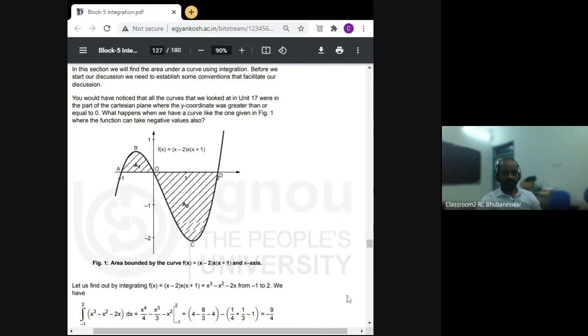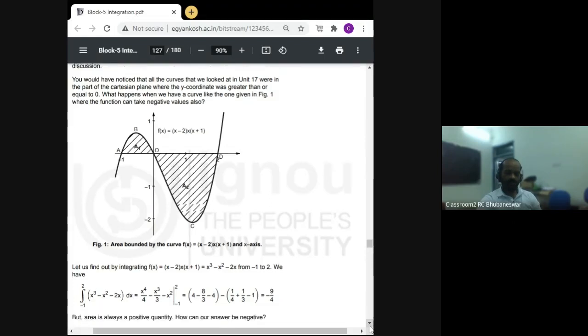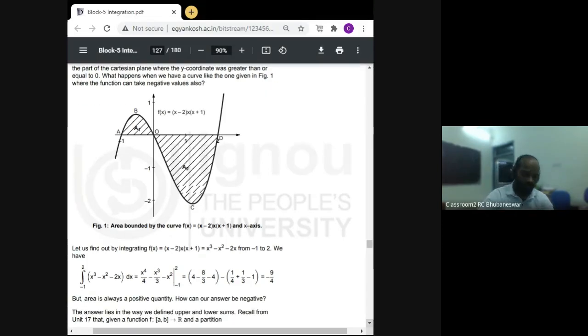Now our main point of discussion is the area under the curve. Whenever we calculate the value of a definite integration, it always gives us the area under the curve. Look at the expression here.